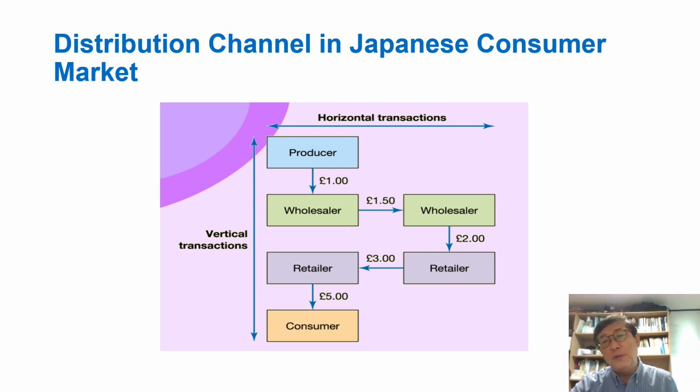I also experienced this when I first entered the Japanese market; it was very difficult to intervene. Why? Because they have been doing this kind of system for generations, from grandfather, great-grandfather, 200 years, 300 years. So that's why it's very difficult to break into it.